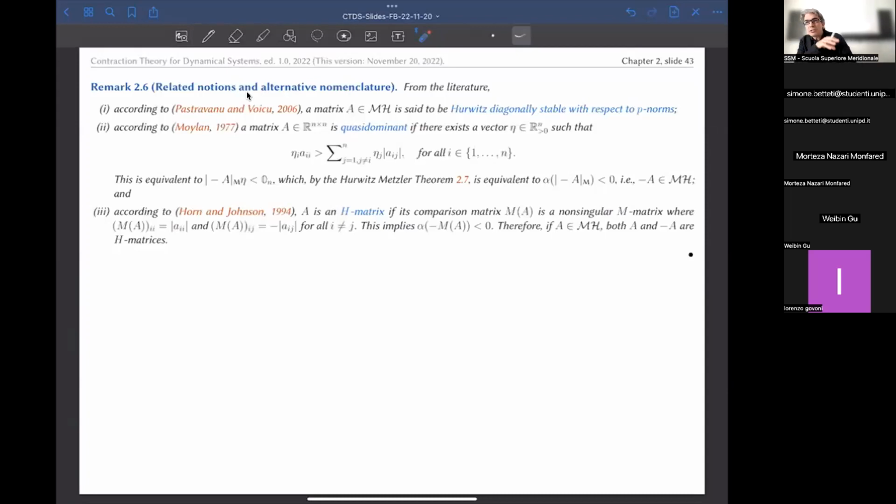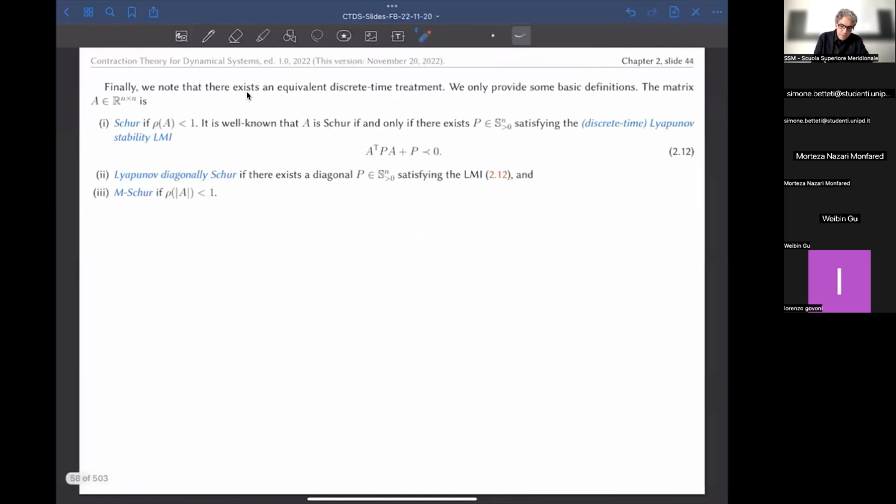Because for every one of these stability notions for continuous time, there is a corresponding notion in discrete time. So Hurwitz is a matrix that is stable in continuous time: all of the eigenvalues are strictly negative. A discrete time stable matrix is called Schur stable.